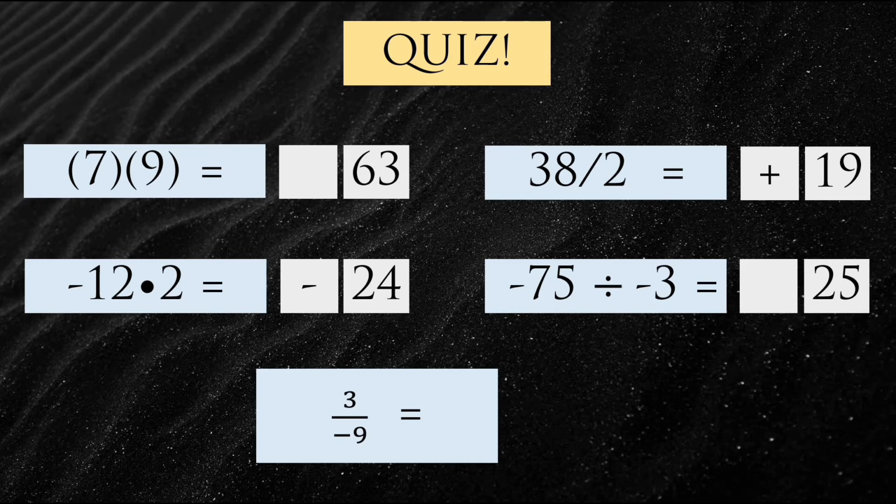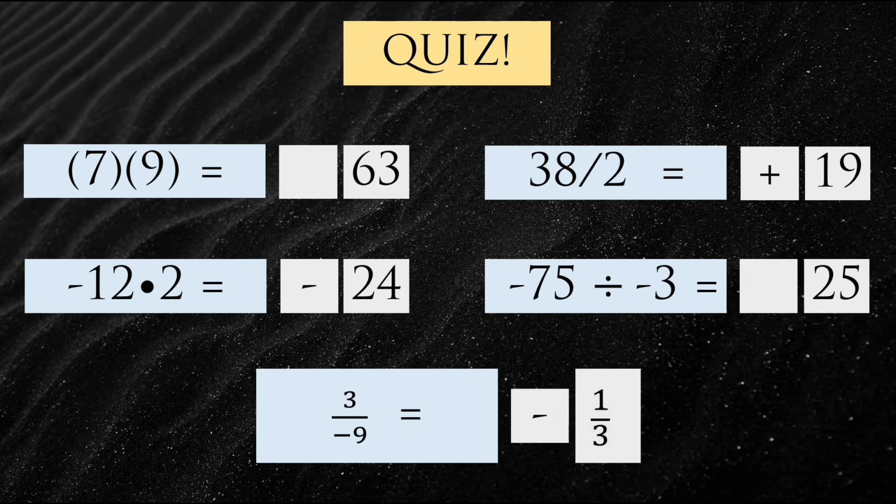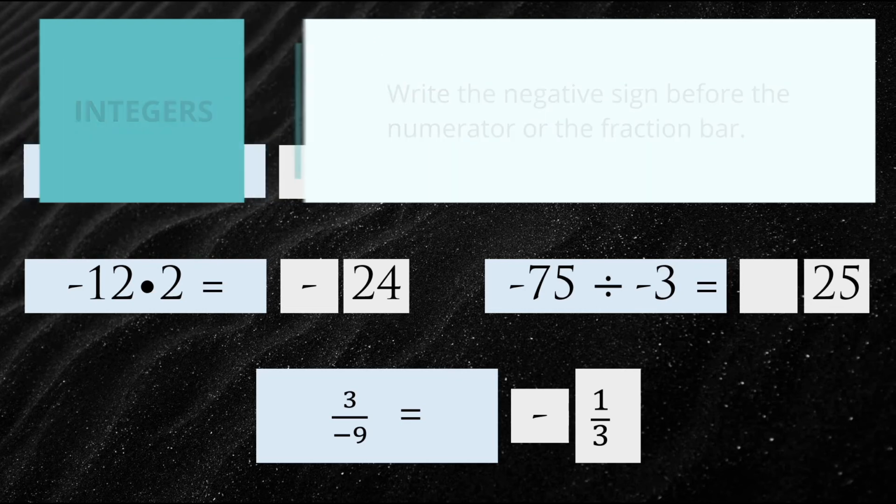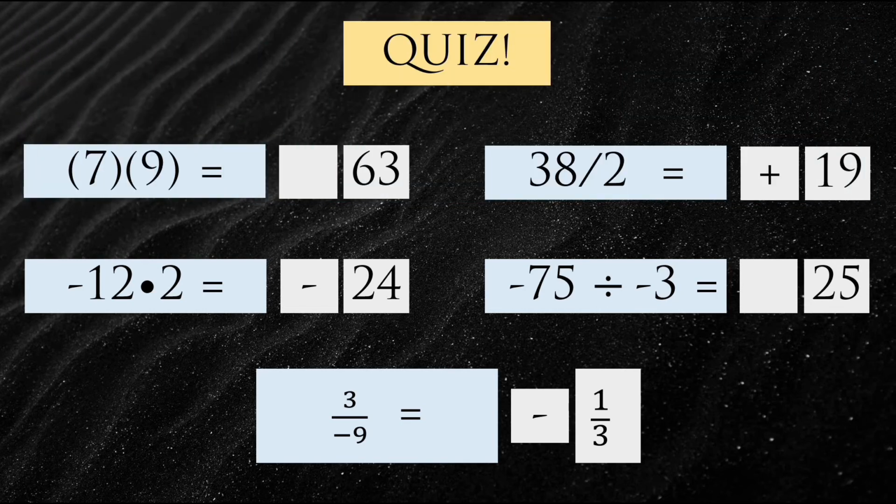So again, positive 3 divided by negative 9, positive divided by negative is negative. So we have negative 1/3. Notice the negative sign before 9. Instead of writing it in the denominator, it's better to write it with the numerator, or before the bar line. Okay, so who got the perfect score? Well done. If not, practice makes perfect again.